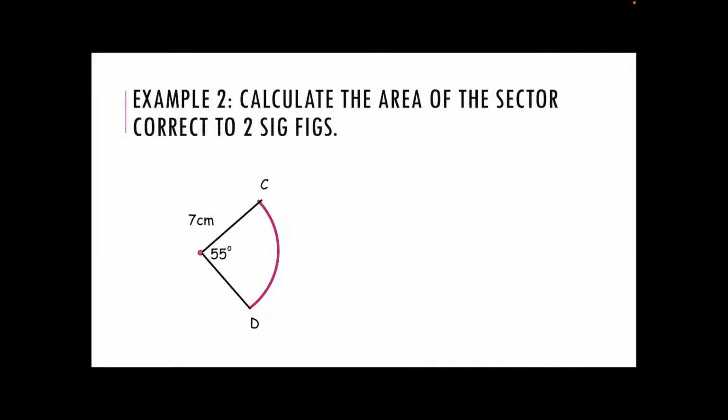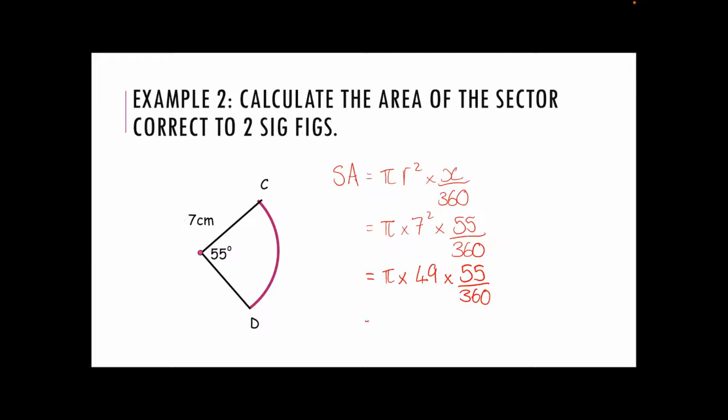Okay, so first of all then, sector area is going to be pi r squared times by x over 360. So I'm going to have pi times by 7 squared times by 55 out of 360. 7 squared is 49 and it's still multiplied by 55 out of 360 is going to give me 23.518.